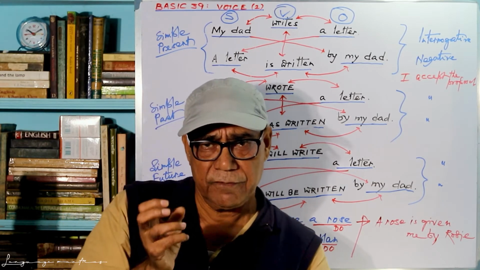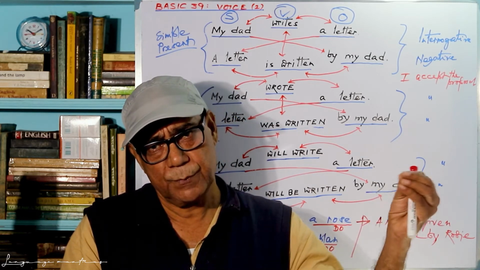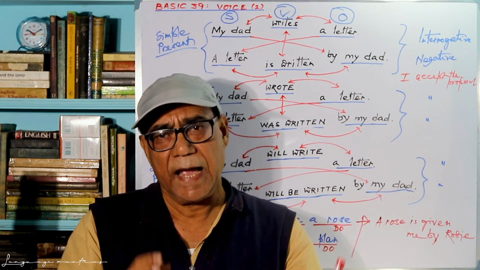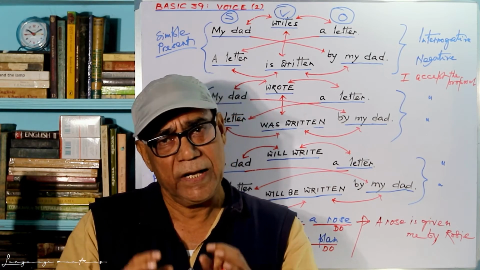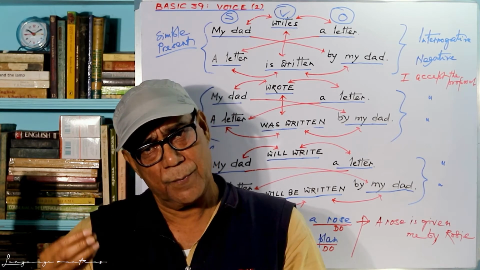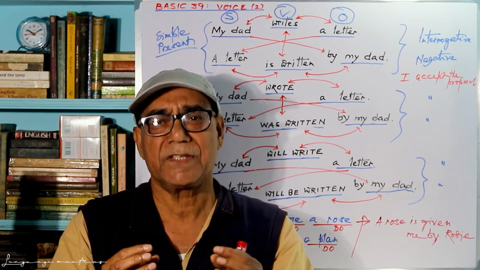We told that the verb has a tendency, or the verb can look at things from the point of view of the subject and also from the point of view of the object. But when the verb wants to speak from the point of view of the object, the verb needs the passive form.